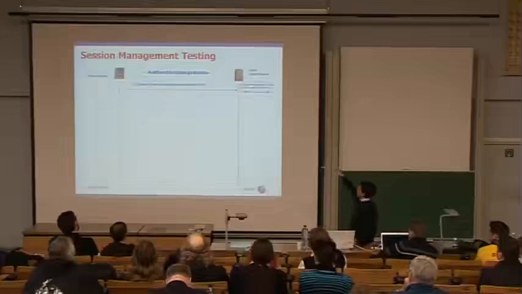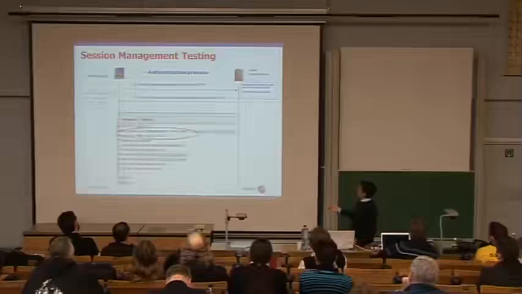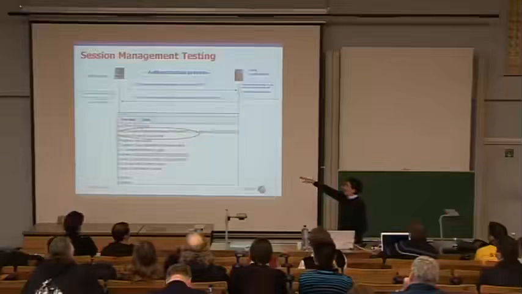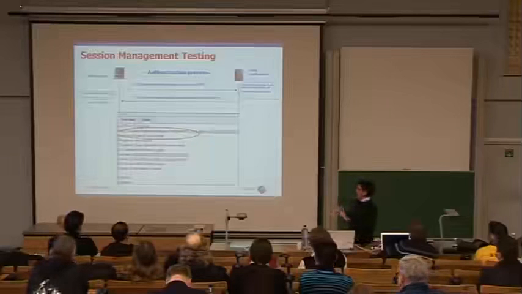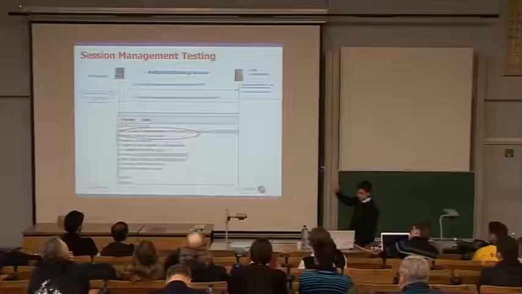Then the web application verifies the credentials, and if it's okay, it will generate a cookie and say, welcome Mario Rossi. If you look at the header of the answer of the web application, you can see something like this: a Set-Cookie, authentication equals something, a string of characters that will be set on the browser of the user.